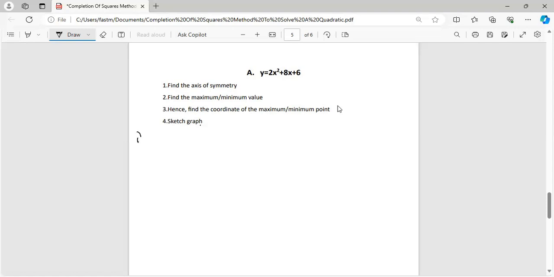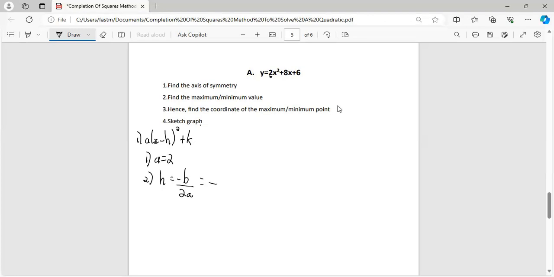So we know the form of it is a(x minus h) squared plus k, right? So number one, a is 2. Yeah, remember the form of the equation, so a is 2, right? So number 2, we need h. Remember, h is minus b on 2a. Yeah, so if I go back to the equation, b is 8.